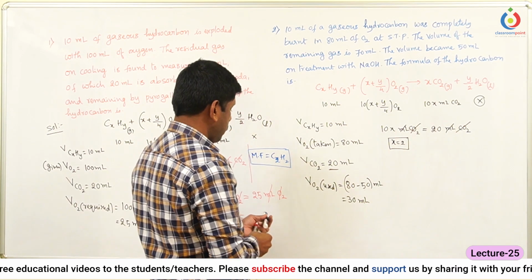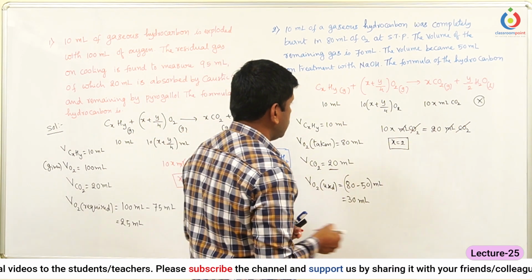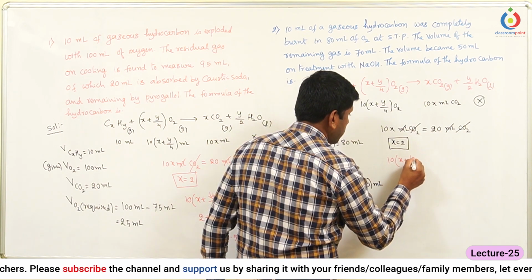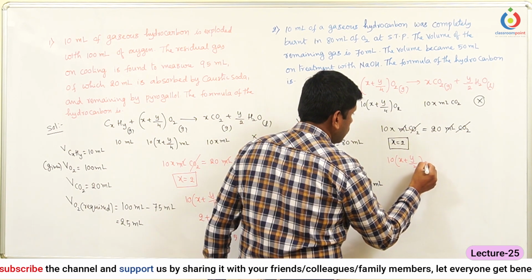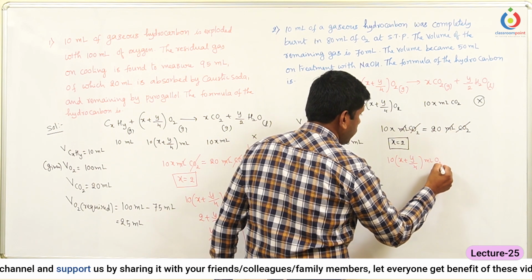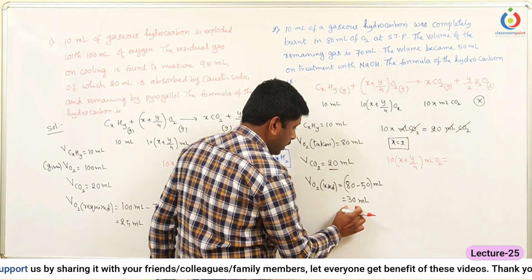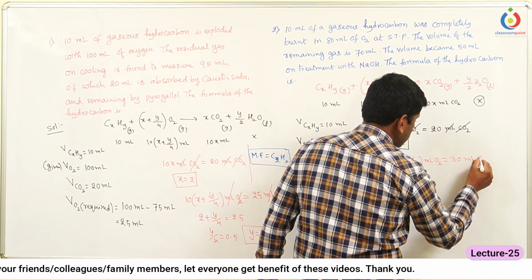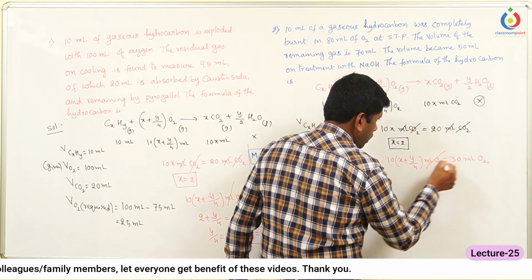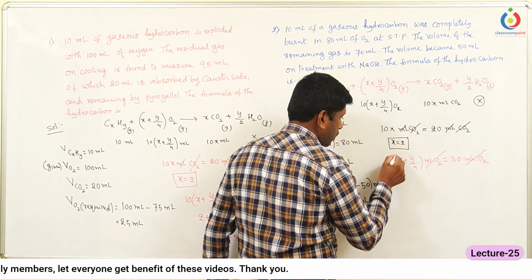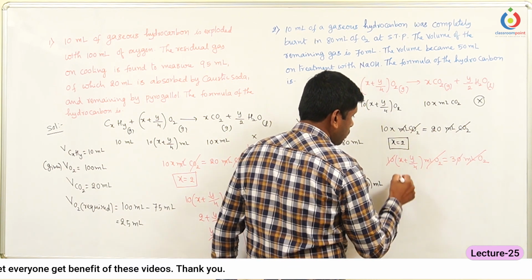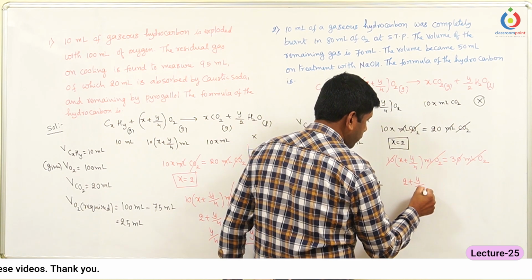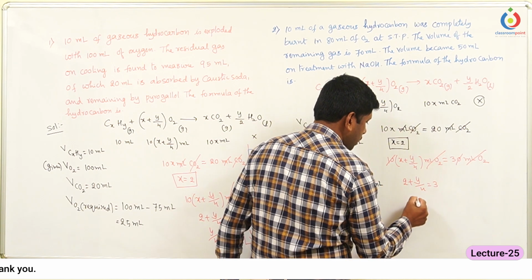Now let us see oxygen. 10 into (x plus y by 4) ml of O2 is required, but here it used only 30 ml of O2. So the ml of O2 cancel out. This goes 3 times. The x value is already 2. 2 plus y by 4 equals 3.